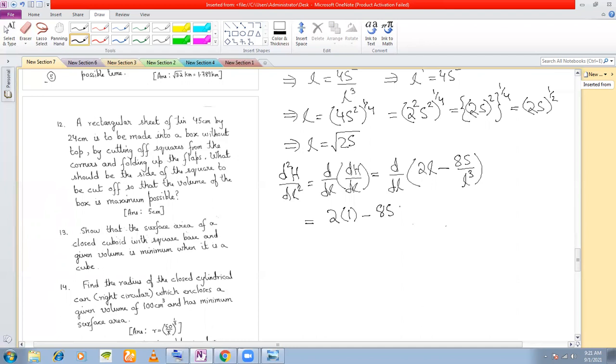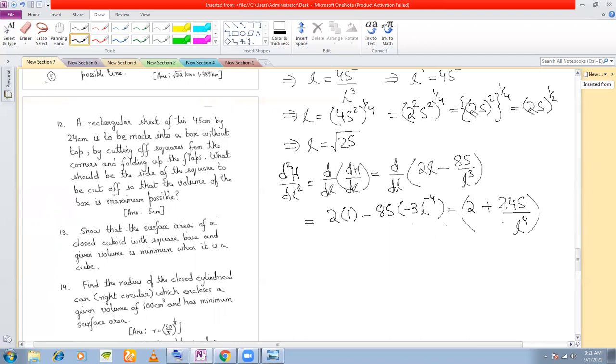And if you want to differentiate 1 by L cube, which is L to the power of minus 3, it will be minus 3 L to the power of minus 4. So you get here 2 plus 24s divided by L to the power of 4. This is what you are getting, right?